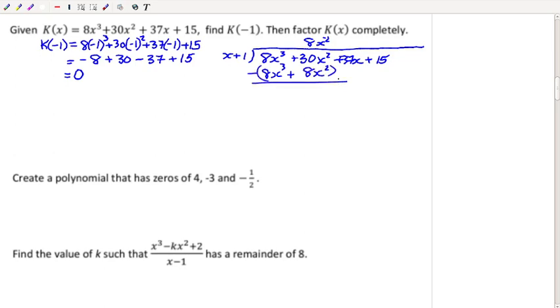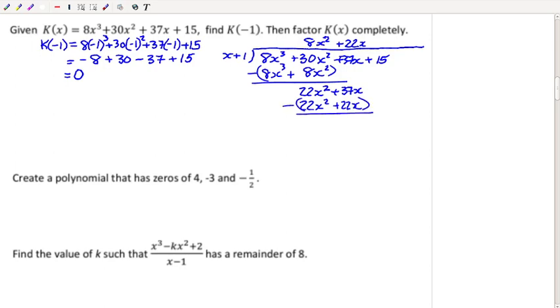Subtract all of that. 8x cubed minus 8x cubed goes away. 30 minus 8 is 22x squared. To the left, I'm going to go plus 22x. 22x times x is 22x squared. Bring down my 37x, and 22x times 1 is plus 22x.